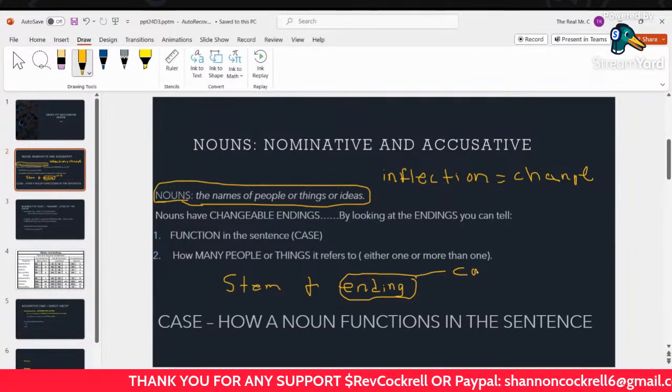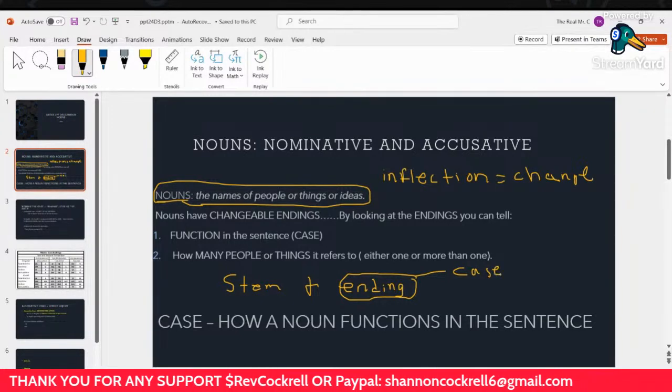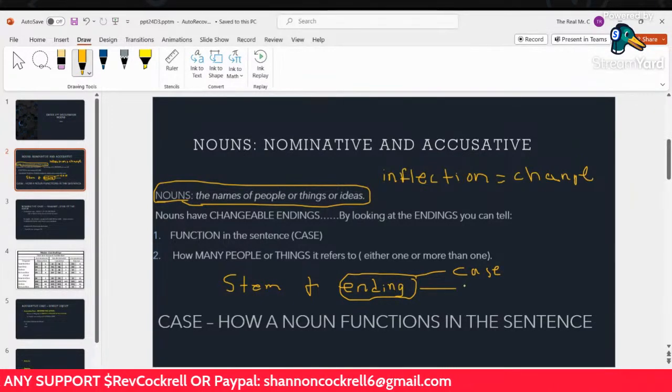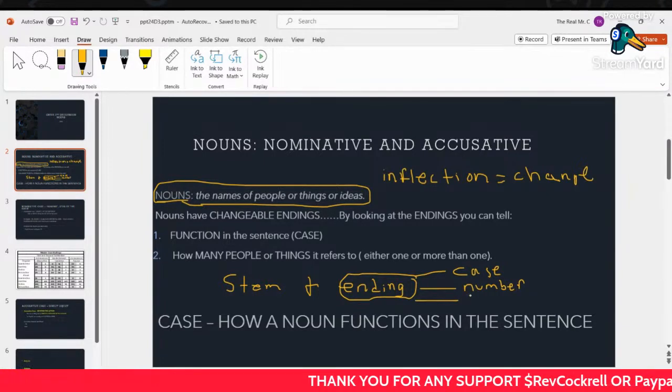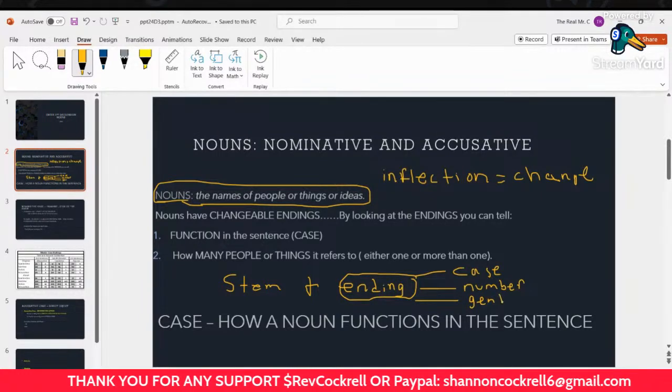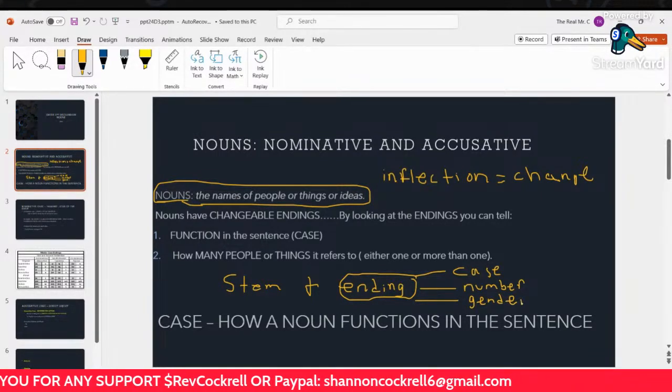You're going to get the case. You're going to get number, singular or plural. And you're going to get gender, which is just a way of how a word acts. It's just patterns. So don't let that get you.